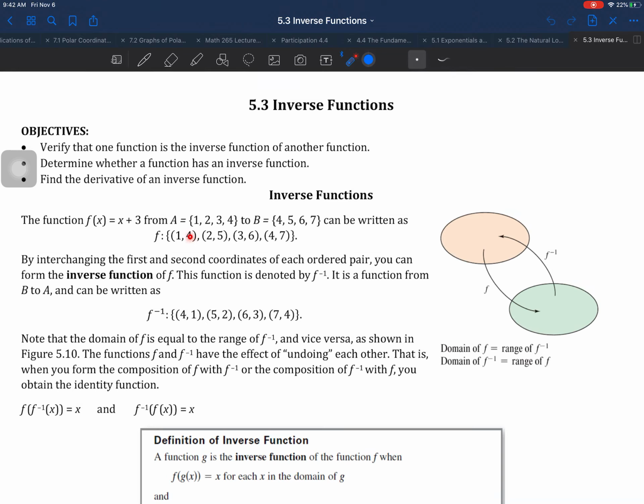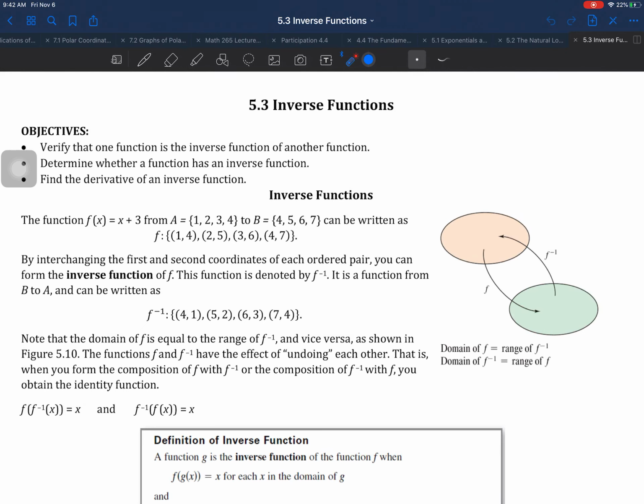This is x, this is y, x, y, x, y, x, y. So in theory, what's happening is that we have this domain set of numbers, where the function f is mapping those numbers to a specific set of numbers on the range. So this is another set.